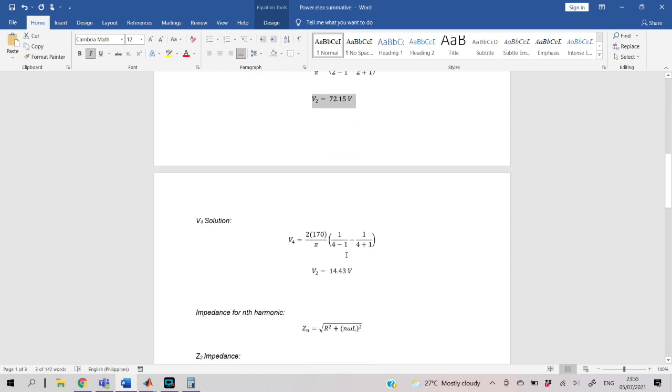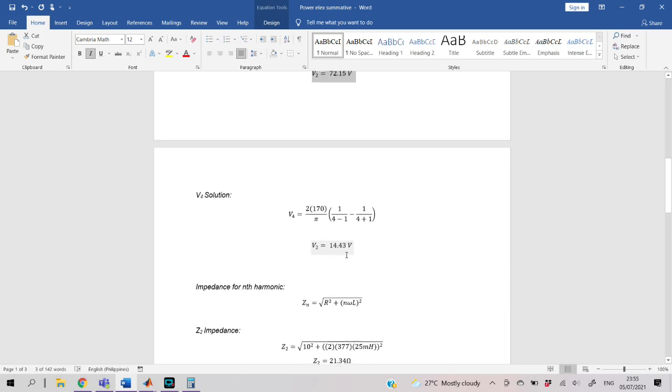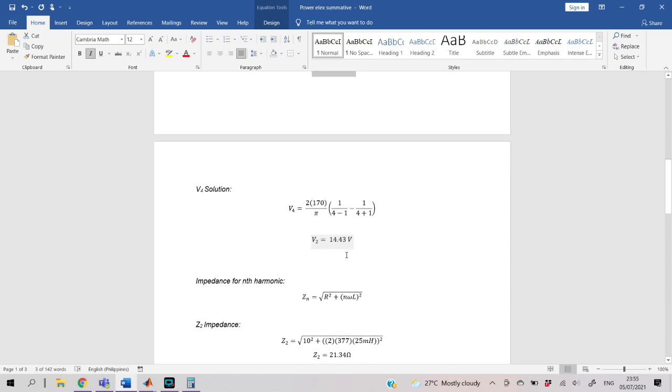Now we will solve for the fourth harmonic by substituting its values again, where n is equal to 4, and we obtain the voltage of the fourth harmonic equal to 14.43 volts.